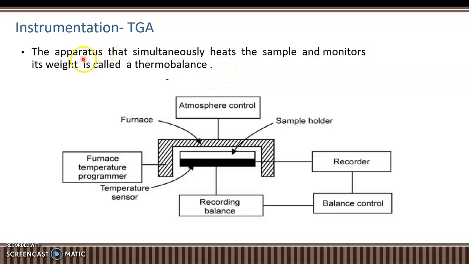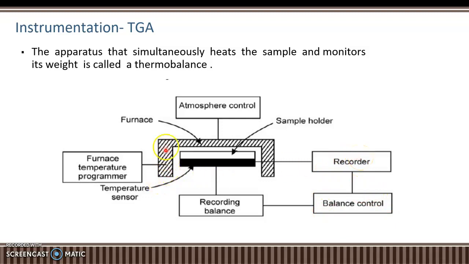That means the apparatus that simultaneously heats the sample and monitors its weight is called a thermobalance. So the important components of a thermobalance are furnace, temperature sensor, recording balance, atmospheric control, furnace temperature programmer, sample holder, then balance control and recorder.